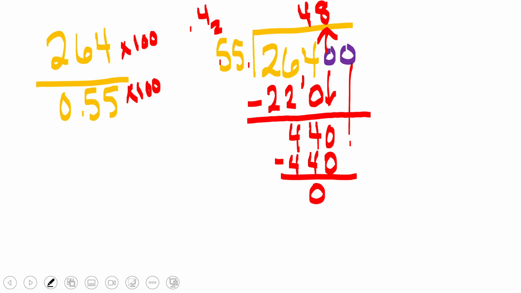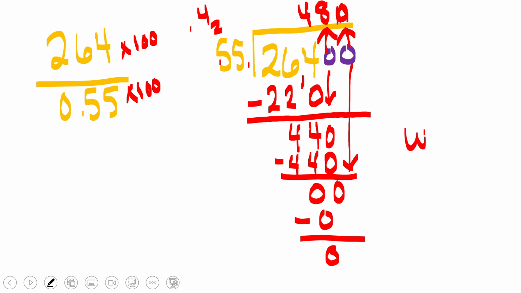Here, we do have another 0 to bring down. So it's not quite done. We have another place value here to work with. So 55 fits into 0, 0 times. And now it terminates at the end. Alright, so we have W equals the actual number of 480.